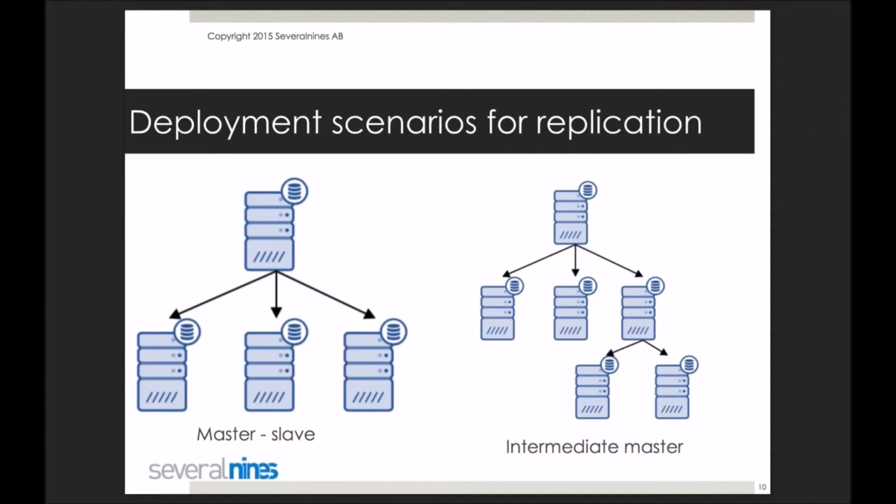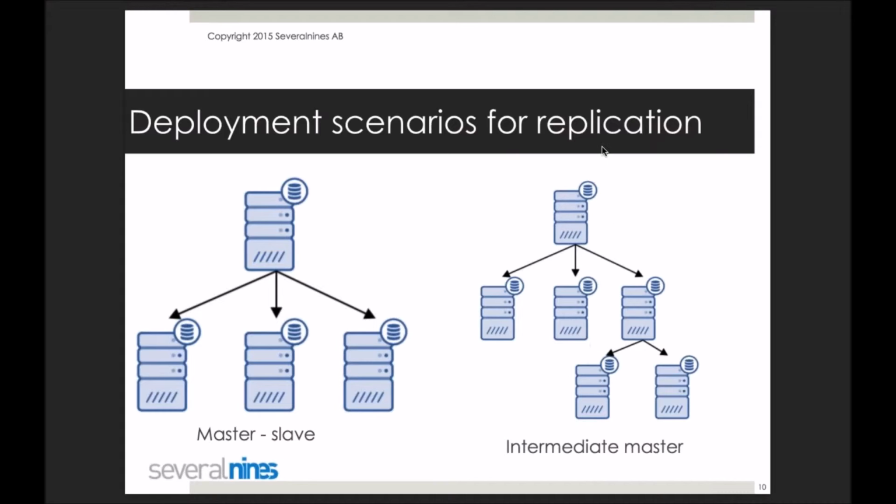And what you can see here is a couple of schemas of how the topology may look. And as I said, it could be either single or multiple data centers. So we have master-slave. It can be located in one single data center, but we can imagine that the master and two slaves are located in one DC, and then this slave is replicating over the wide area network in some other place.